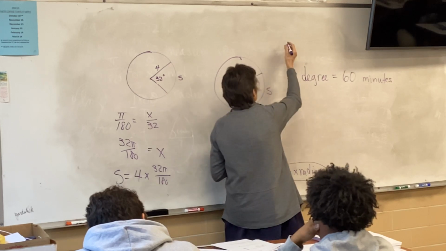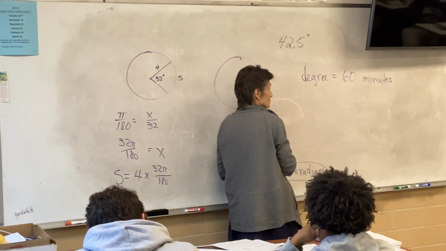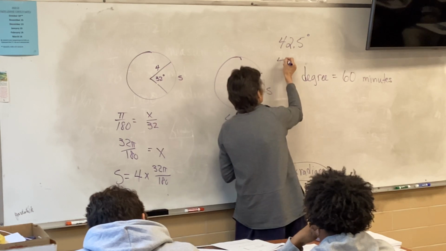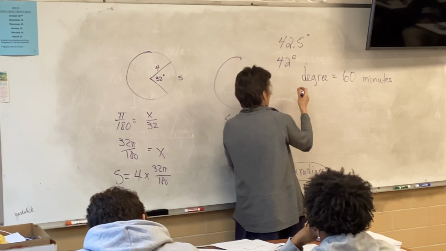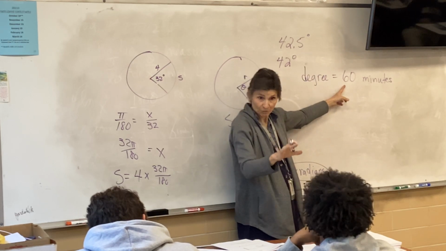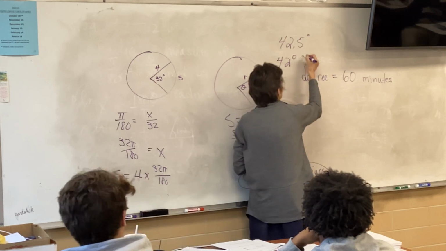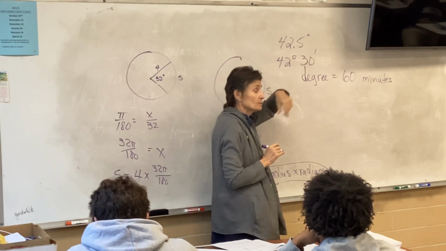So if you had something like 42.5 degrees, that would be 42 whole degrees, and then another half a degree, which would be 30 minutes. And the minute mark is the little hash thing there.